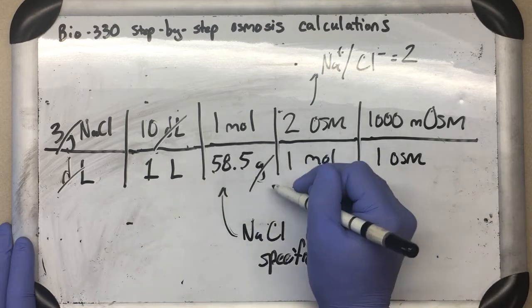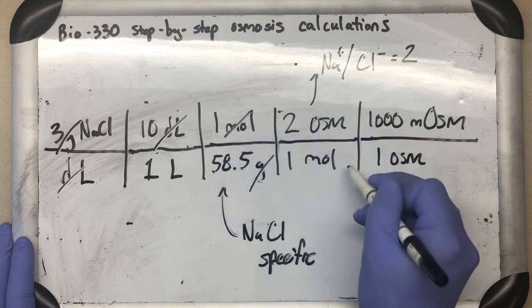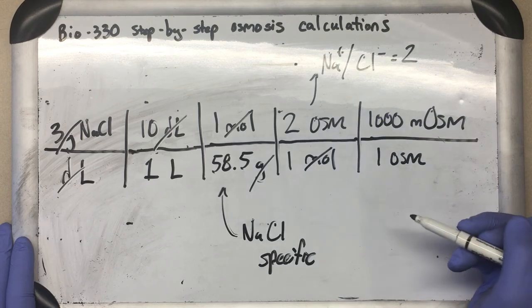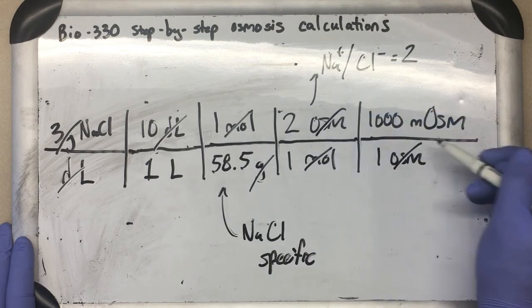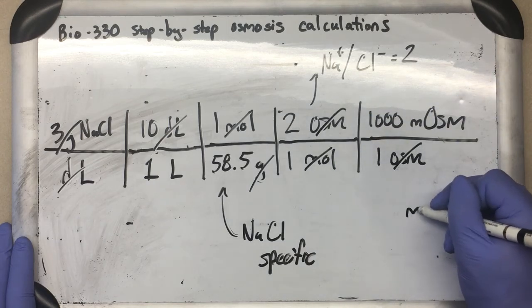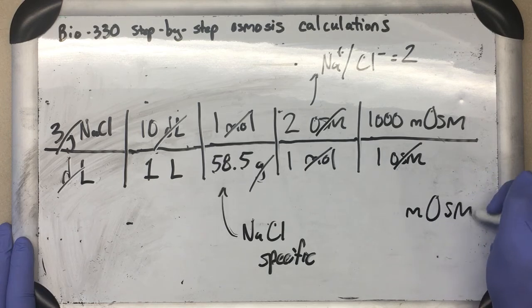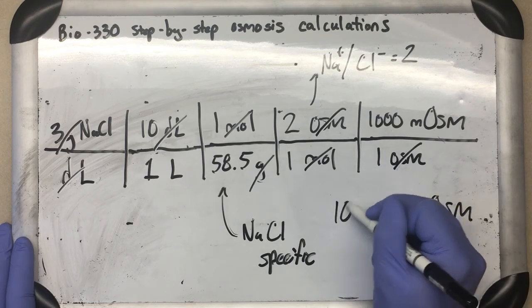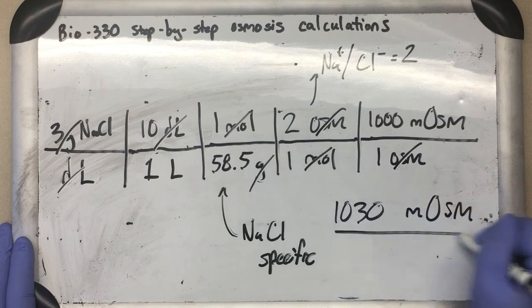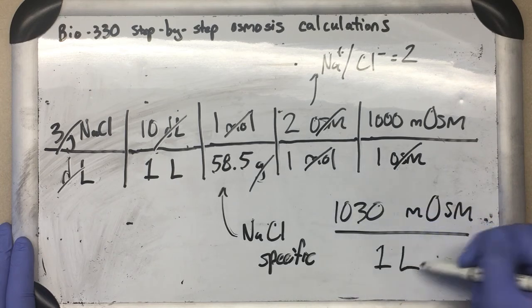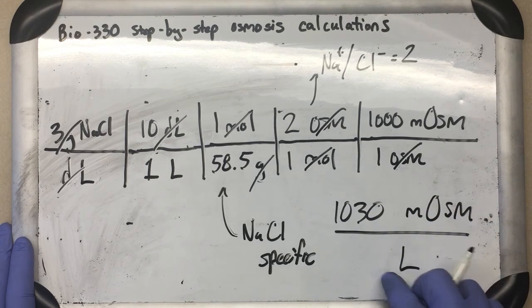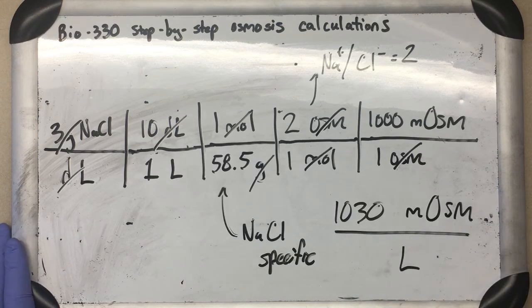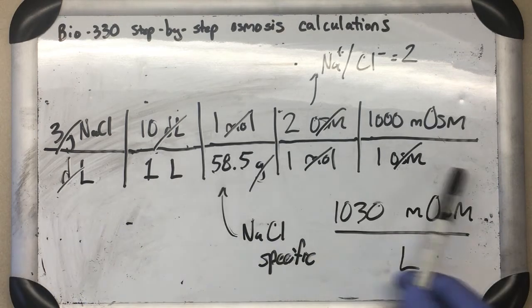So that's the whole thing. So in this case, you canceled out moles here, you changed them to osmoles. You changed osmoles for milliosmoles. So your true answer is the big number, that 1,010 or the 1,030 number we got, over 1 liter. And again, you don't always need to write the 1. It's implied that it's just 1. And so that's your full thing.